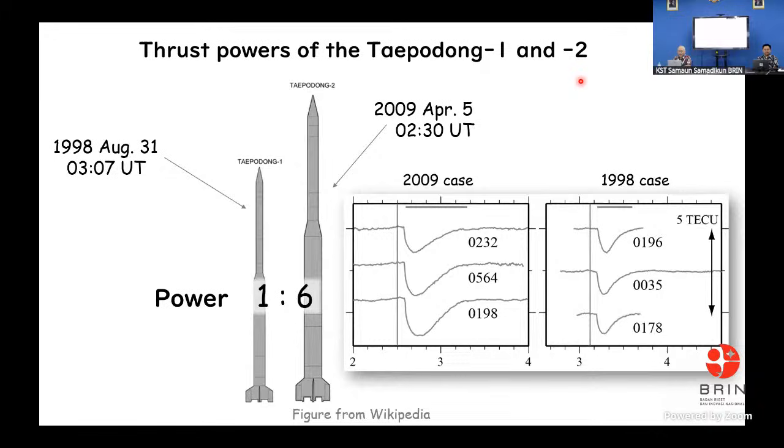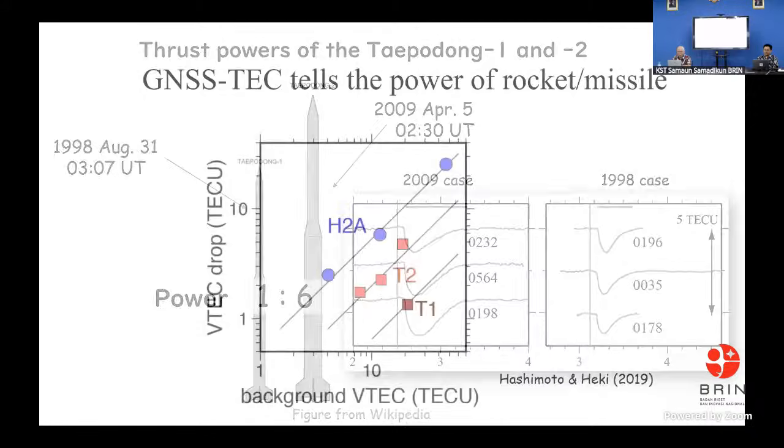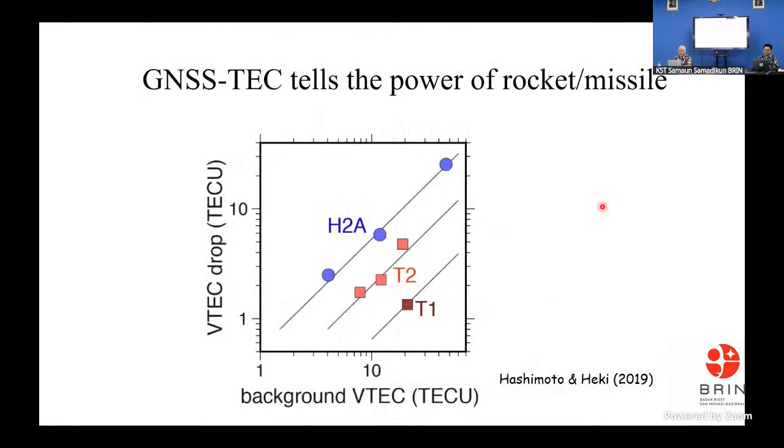So the decrease in 1998 was much less than in 2009. So this means there is an improvement of the rocket made in North Korea. So this might be important information for some kind of people.